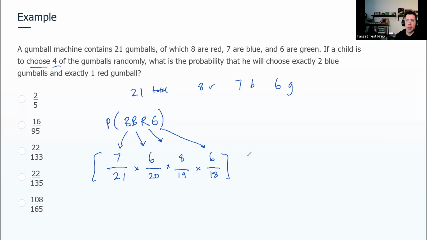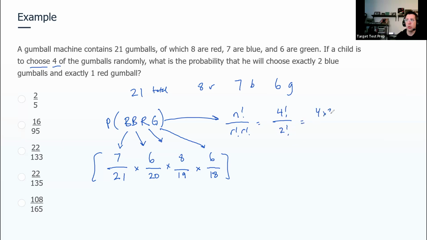What we haven't accounted for yet is that there are other orders in which this could happen. So this is where, if we want to do the n factorial over r factorial thing, this is going to help us get the rest of the way. So I have 4 total letters, but 2 of them are the same. The 2 blues are the same. Okay.